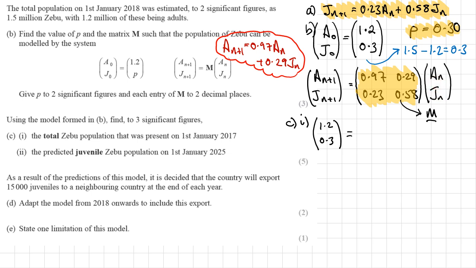I guess this is like finding A_(-1) and J_(-1). So using basically this equation here, I'll have the 0.97, 0.29, 0.23, 0.58 times A_n, J_n, and I know that if I'm going to solve this, I need to multiply both sides by the inverse of M on the left, like that.